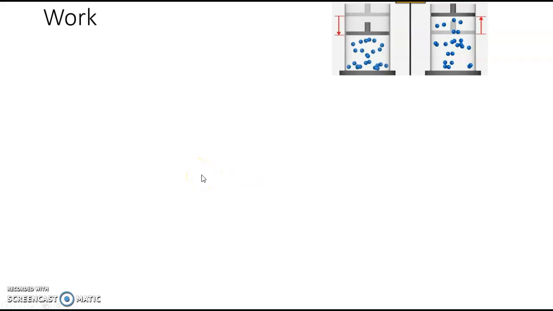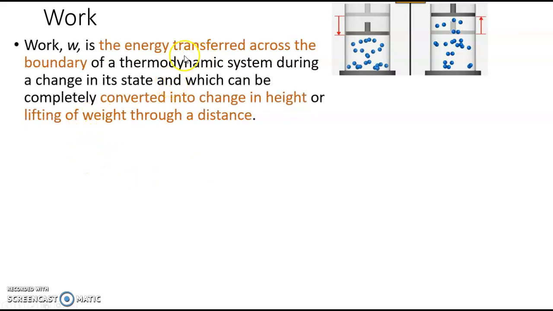What is work? Work is energy transferred, so it's a form of energy transferred across the boundary. Remember, the system is separated from the surroundings by a boundary. So work is energy transferred across the boundary of a thermodynamic system during a change in its state. The change in its state can be brought about by anything. We'll talk about that shortly.